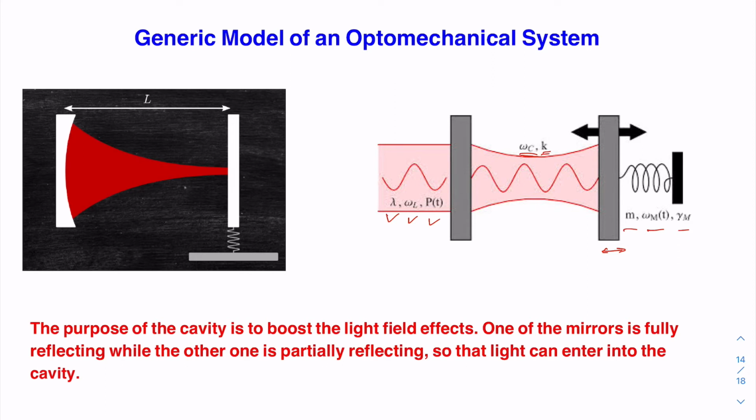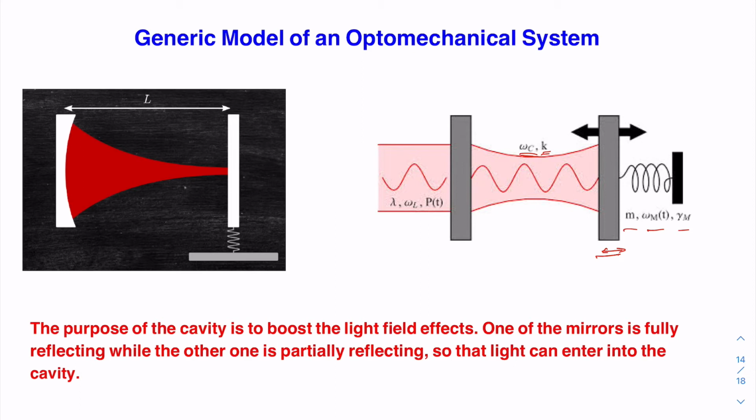The purpose of the cavity is to boost the light field effects, and one of the mirrors is fully reflecting, this one say, while the other one is partially reflecting, so that light can enter into the cavity. Now there is a certain condition that has to be satisfied for light to enter into the cavity, and to understand that, we need to revisit the Fabry-Perot cavity.